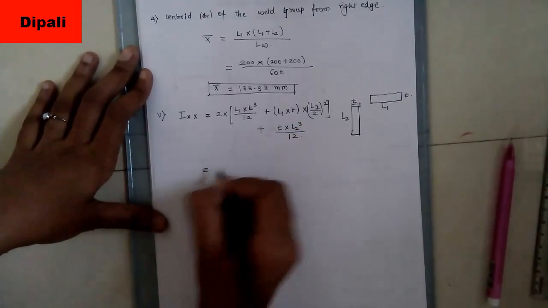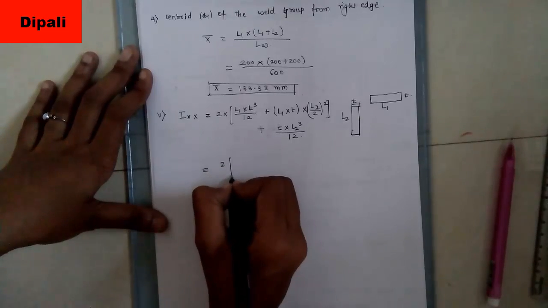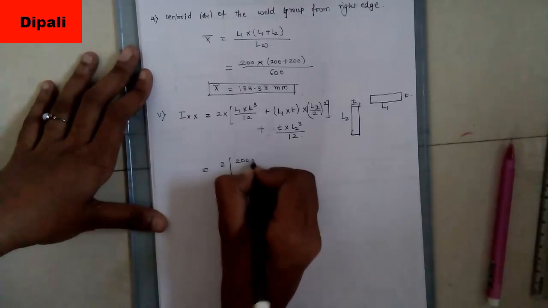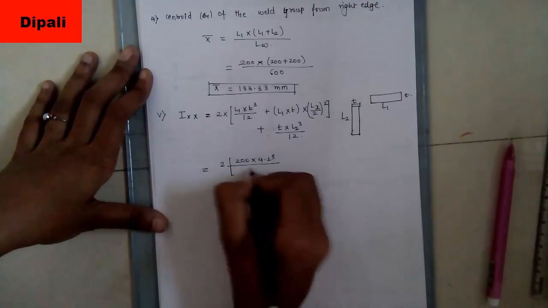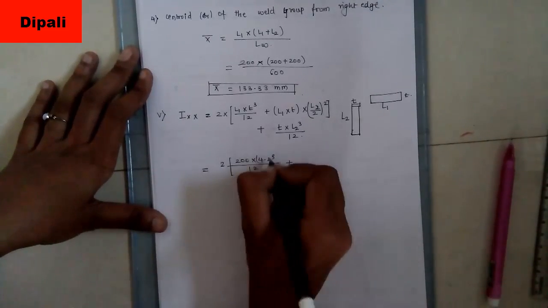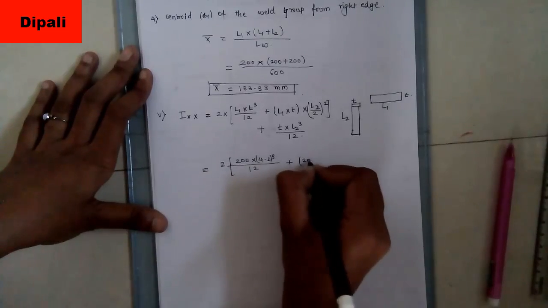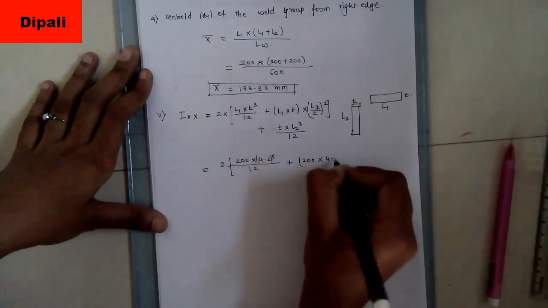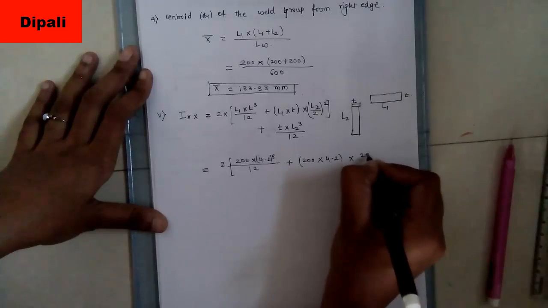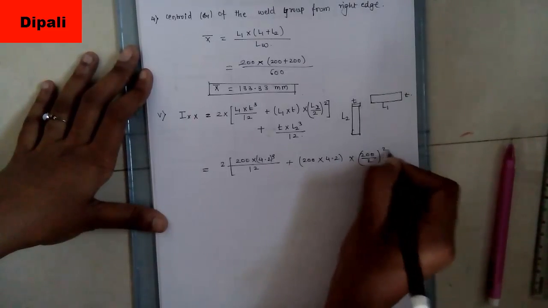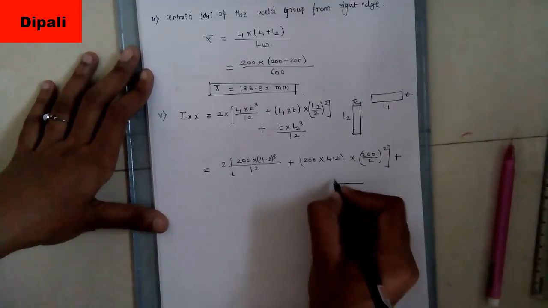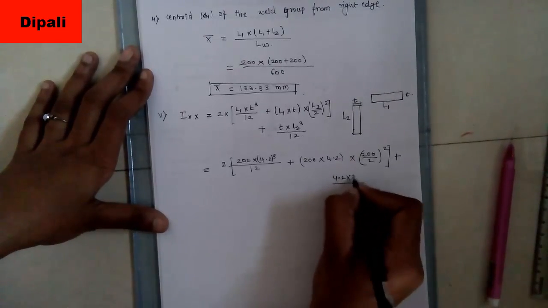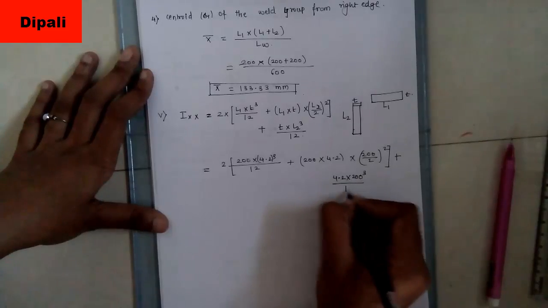Putting in the values, L1 equals 200, T is 4.2, so 200 into 4.2 cube upon 12, plus 200 into 4.2 into 200 by 2 whole square, plus 4.2 into 200 cube upon 12.